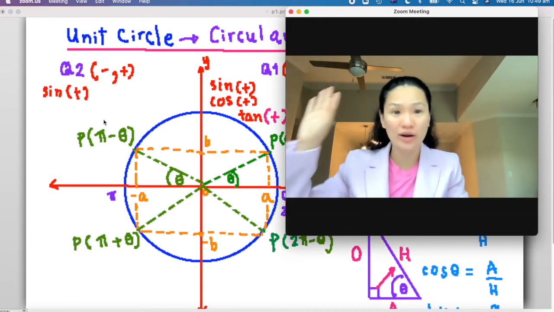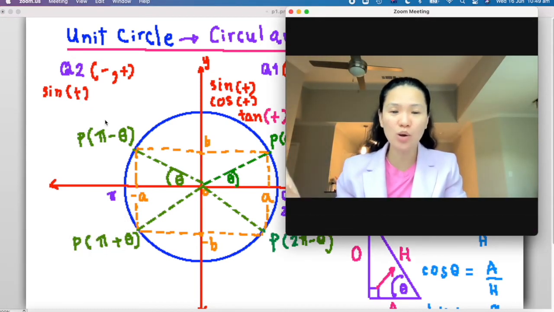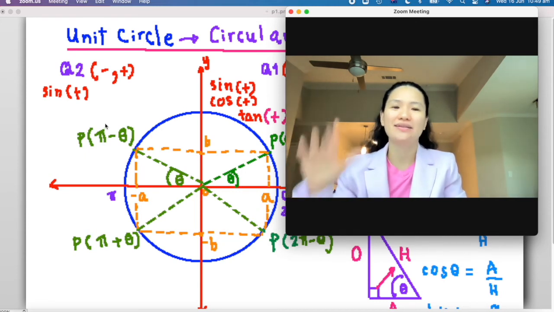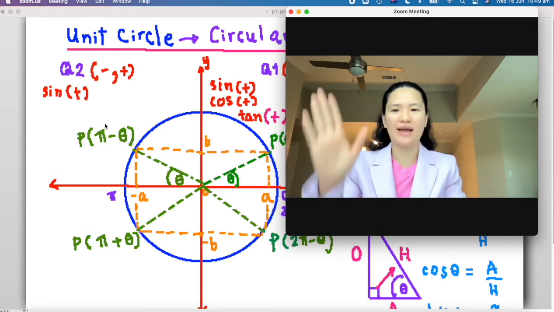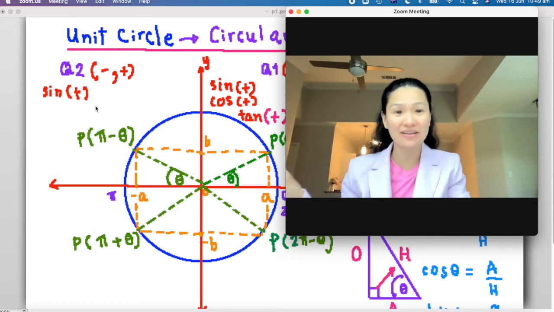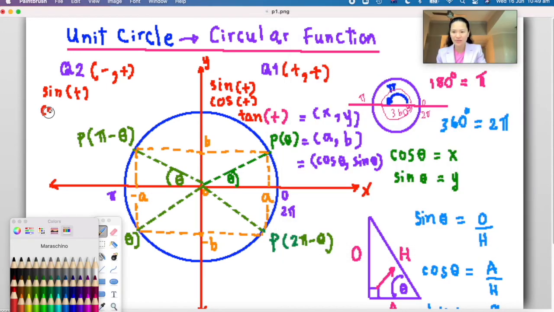Everything in quadrant 2, you have to know that the sine, or y, is positive, but the cos is, of course, negative. I write down here, cos is negative. How about tan? We know that tan equals sine theta over cos, so positive divided by negative, it is negative.